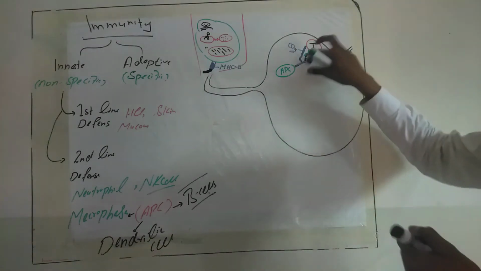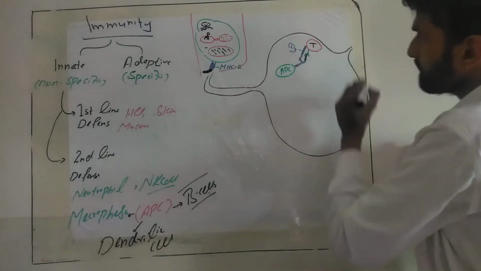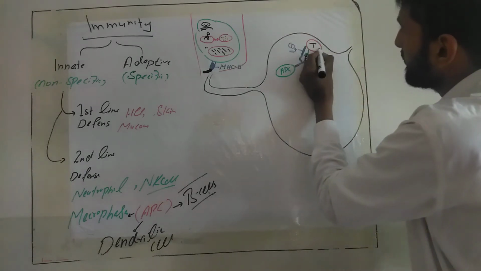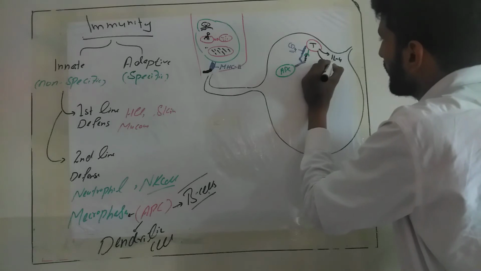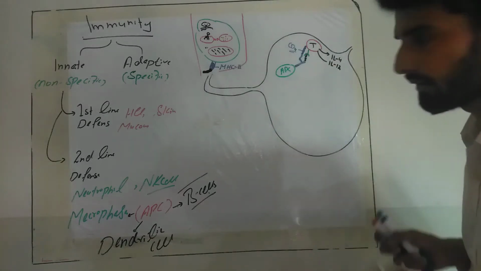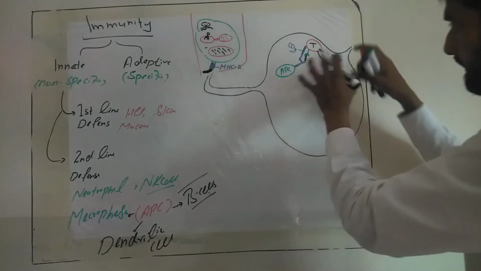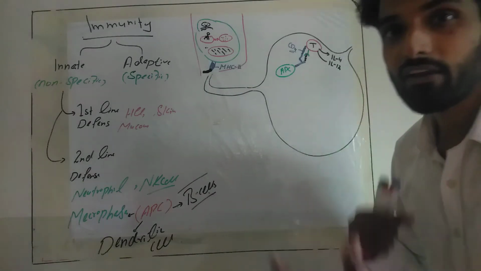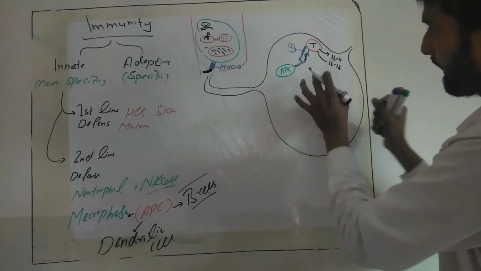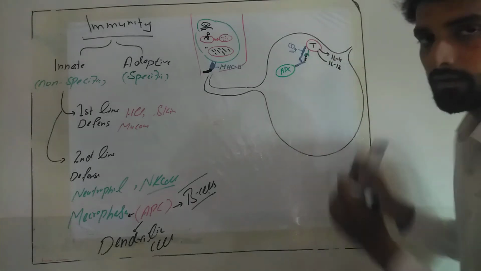Now what will happen after this interaction? This T lymphocyte will release some cytokines like interleukin 4 and interleukin 12, and these cytokines will cause the proliferation and differentiation of other T cells. There are lots of T cells present in the lymph node.